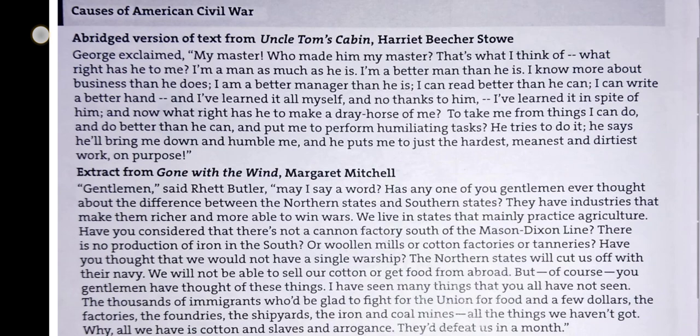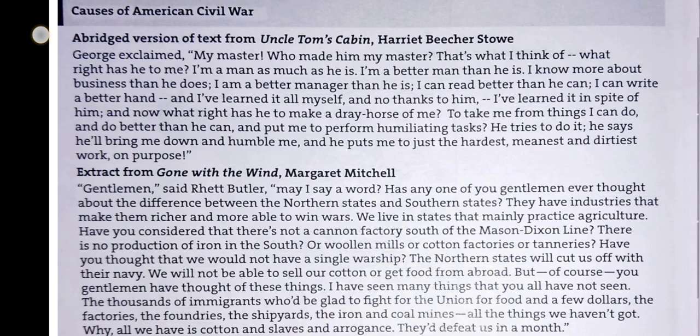I can write a better hand, and I have learnt it all myself and no thanks to him. I have learnt it in spite of him. And now, what right has he to make a dray horse of me? To take me from things I can do and do better than he can, and put me to perform humiliating tasks? He tries to do it. He says he will bring me down and humble me. And he puts me to just the hardest, meanest, and dirtiest work on purpose."